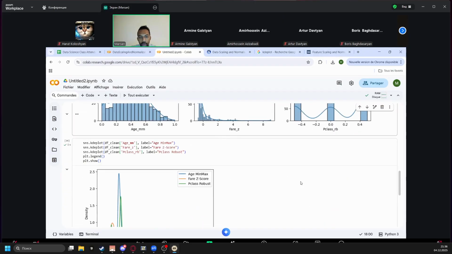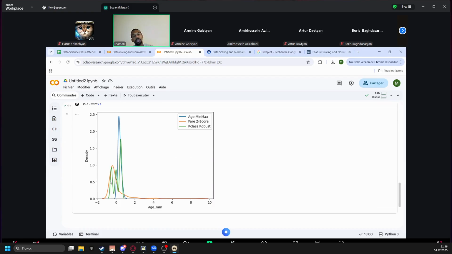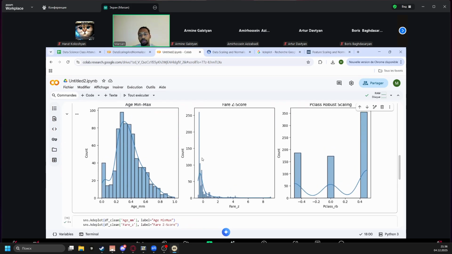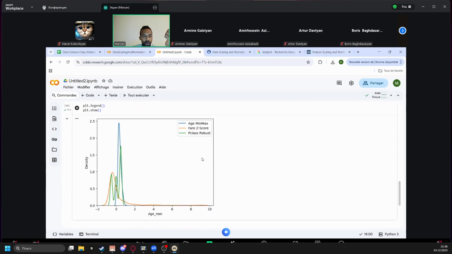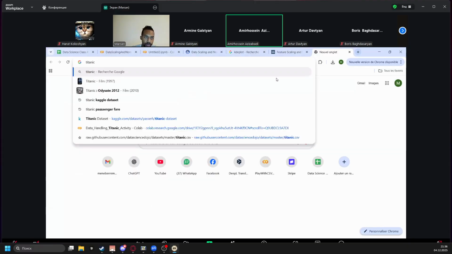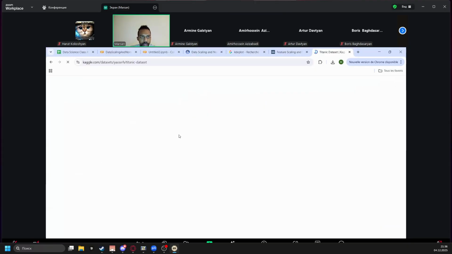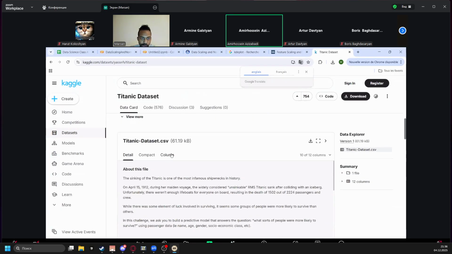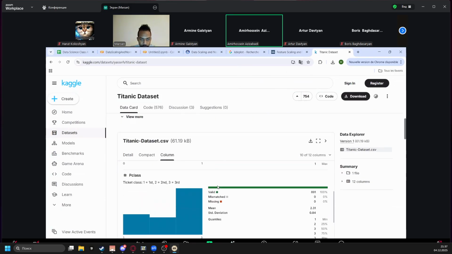And finally, with the Pclass, what we have is three summits, because in reality, Pclass is not a continuous variable like the others. We have I guess three classes: first class, second class, third class.